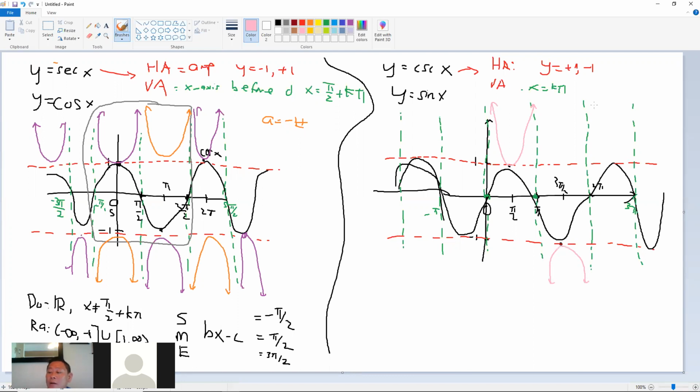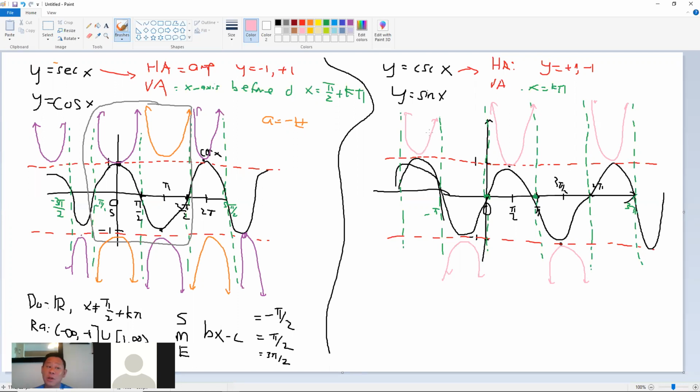And then this is a hill, so this is a valley. And then this is a valley, so this will be a hill. Again, don't forget, this graph will not cross your vertical asymptote. It's not a parabola. It looks like a parabola, but actually it goes parallel with the vertical asymptote.